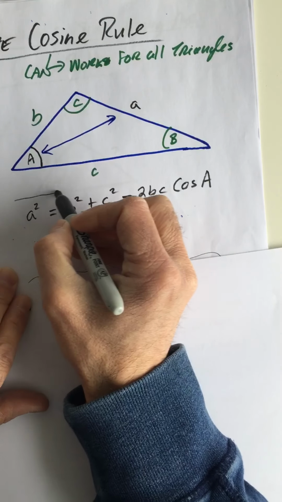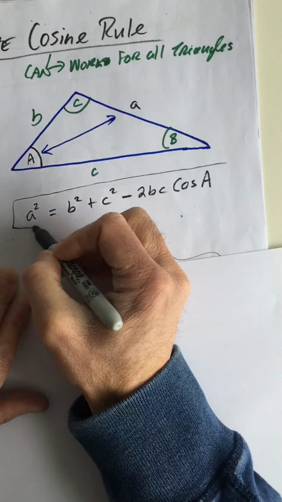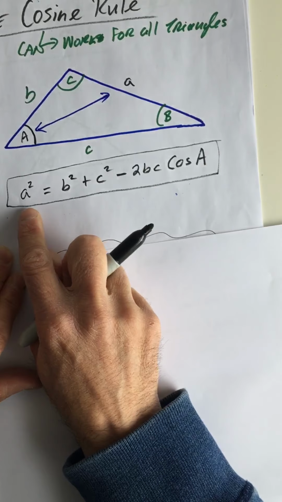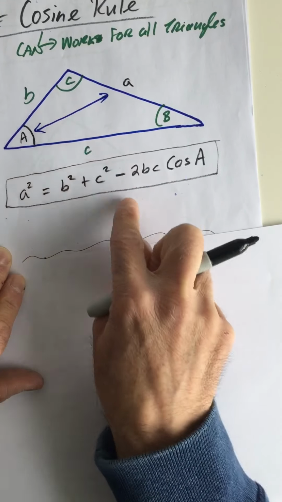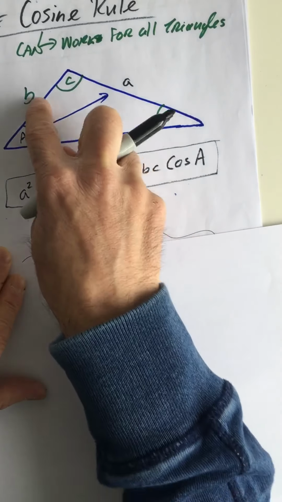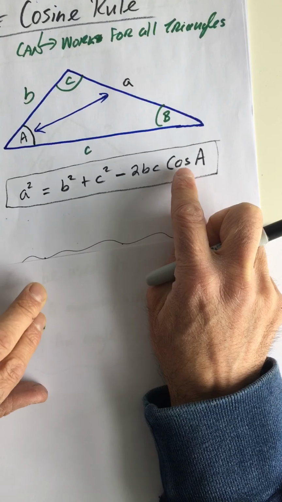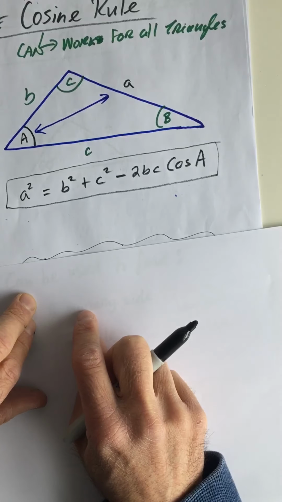So that's the version of the cosine rule that's in your maths tables. It's saying that one side squared is equal to the other two sides squared and added together, take away 2 times those sides multiplied by cosine of the angle between them.